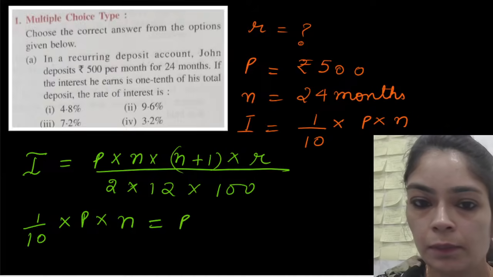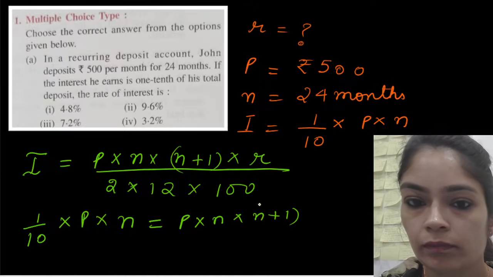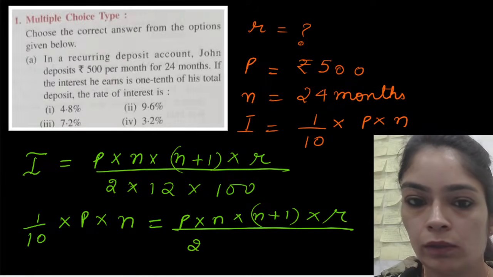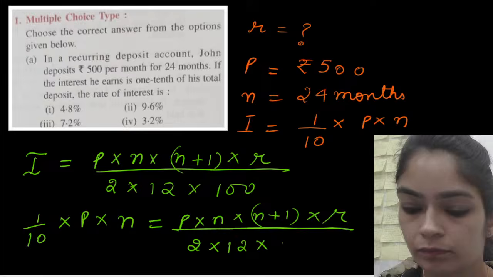This is equals to P into N plus 1 into R by 2 into 12 into 100.